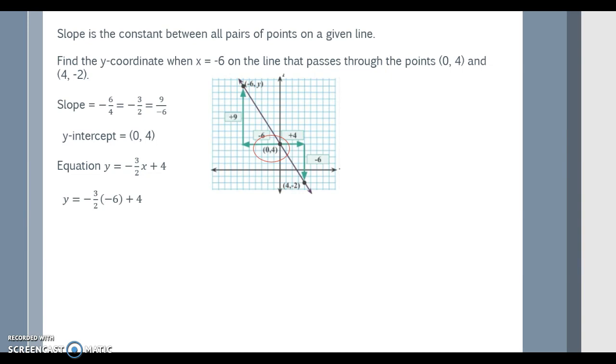Y is equal then to -3/2 times -6 plus 4. Y equals 18/2 plus 4, which is the same as 9 plus 4, so 13. So when my x-coordinate is -6, my y-coordinate is +13. And we can see that at the top left of our graph.